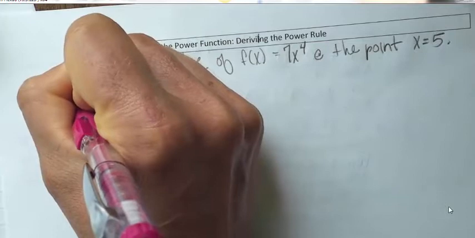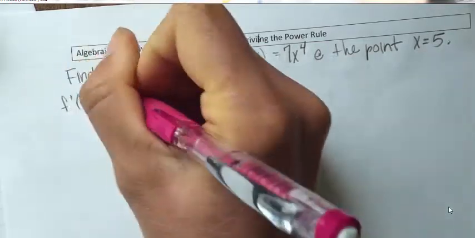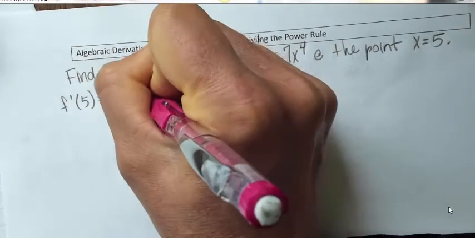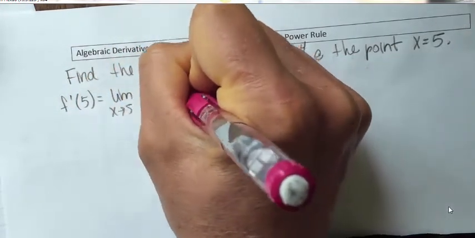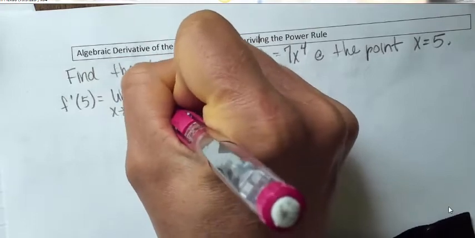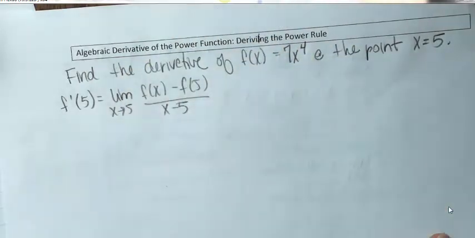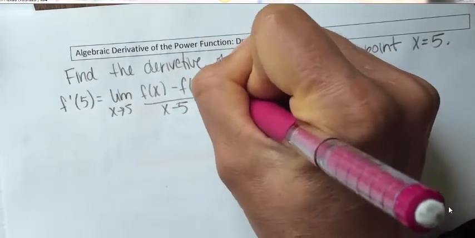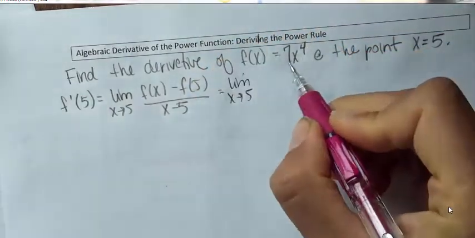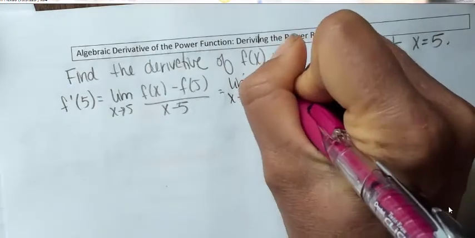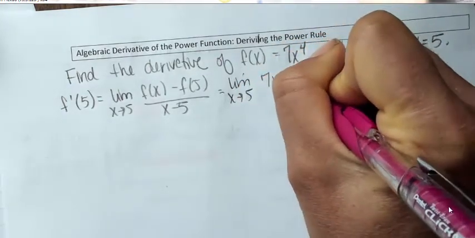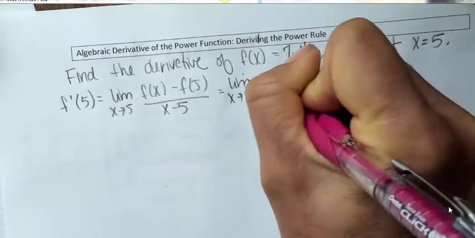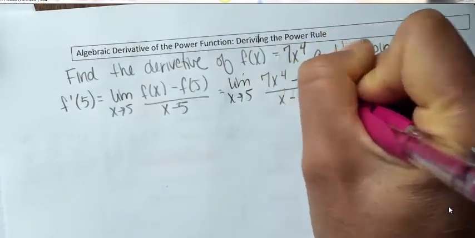So you'd say f prime of 5 will then equal the limit as x approaches 5 of f of x minus f of 5 all over x minus 5. That's really the same as the limit as x approaches 5 of 7x to the 4th, minus 7 times 5 to the 4th, all over x minus 5.